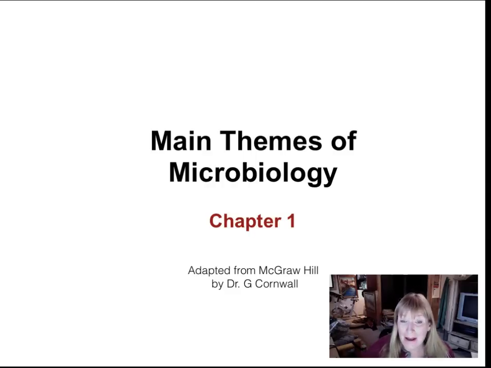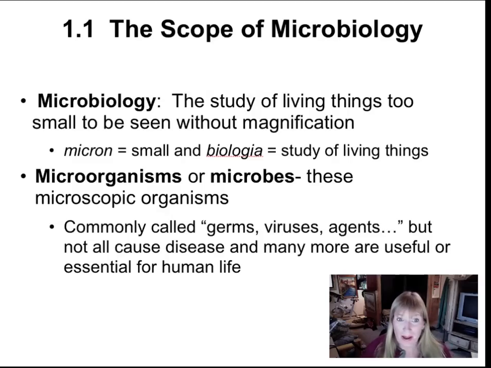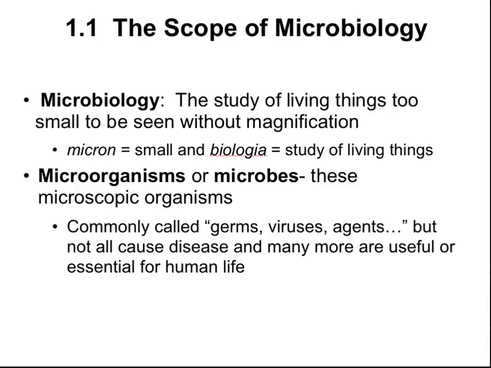We'll begin by looking at a chapter on the main themes in microbiology to give you a brief introduction to the scope of this course. To start with, microbiology is the study of living things that are much too small to be seen without magnification. Micro means small, and biologia means the study of living things.